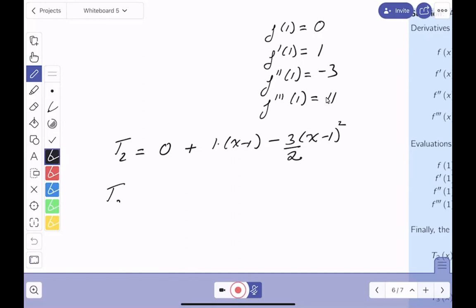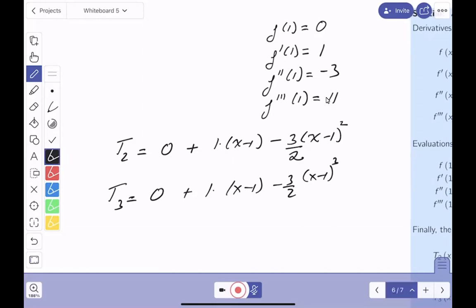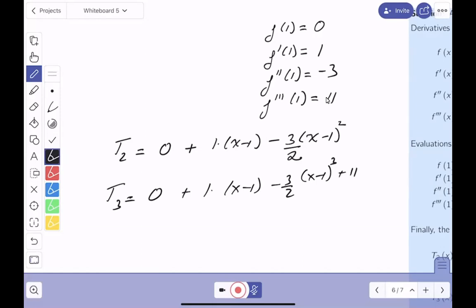Let's put down T3: 0 plus 1 times x minus 1 minus 3 halves x minus 1 squared. And then we can get plus 11. I'm sorry, that's a square. X minus 1 cubed over 3 factorial, which is 6.